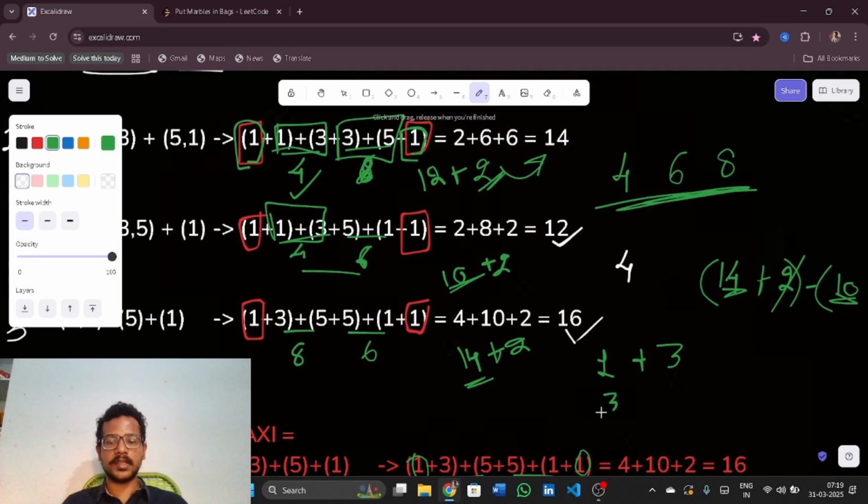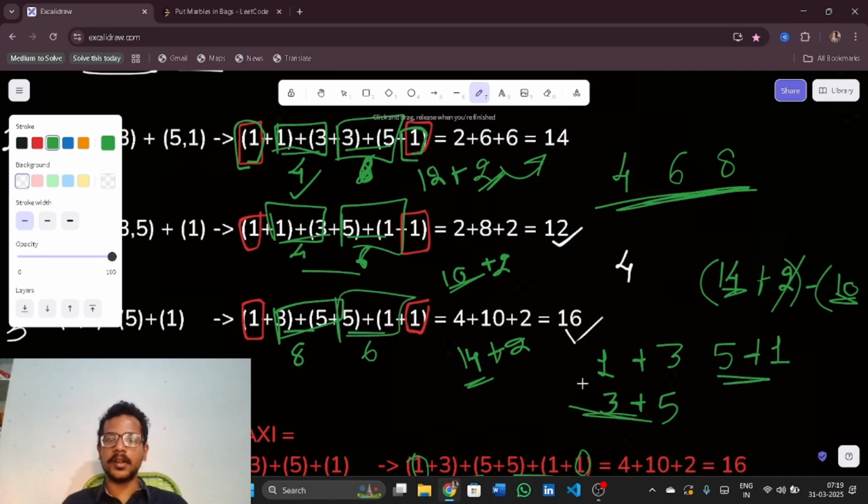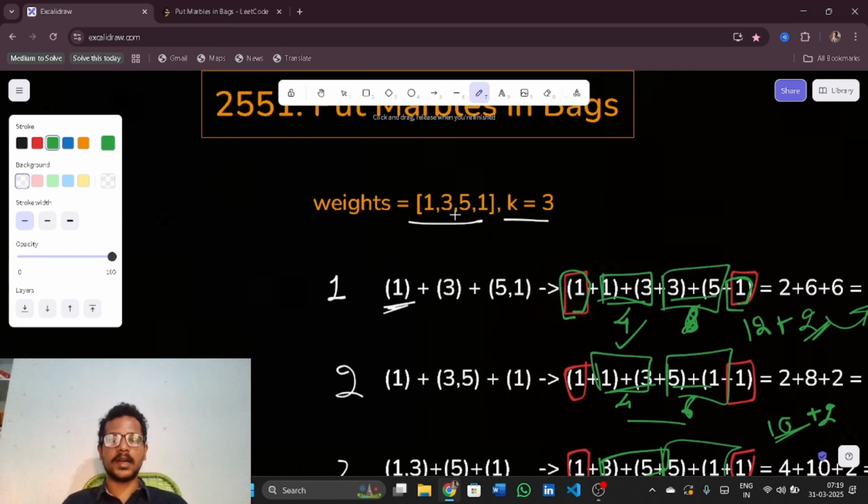I got 3 plus 5. I got 5 plus 1 again. And I got 3 plus 5 again here. Yes, 3 plus 5. And 5 plus 1 here. So what are these? These are the adjacent sums.